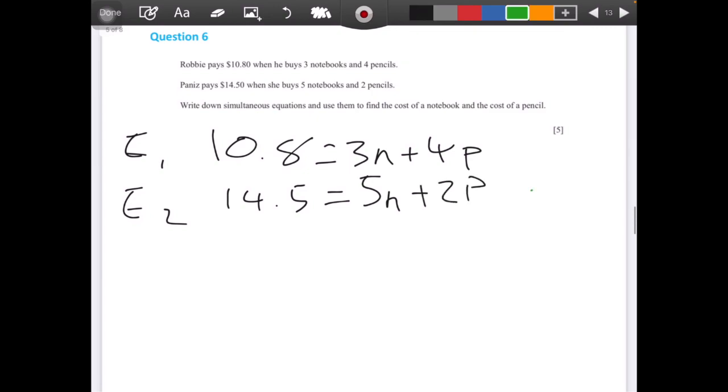So this is a no-brainer. You want to multiply the second equation by 2 to get the new equation. So 14.5 times 2 would be 29 is equal to 10n plus 4p.